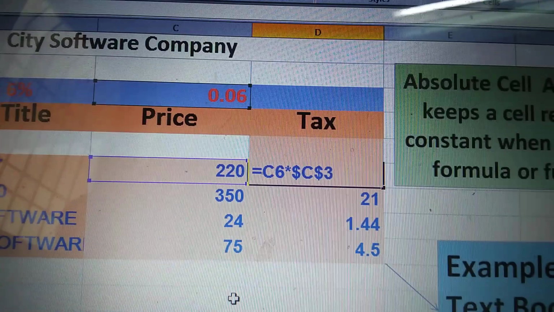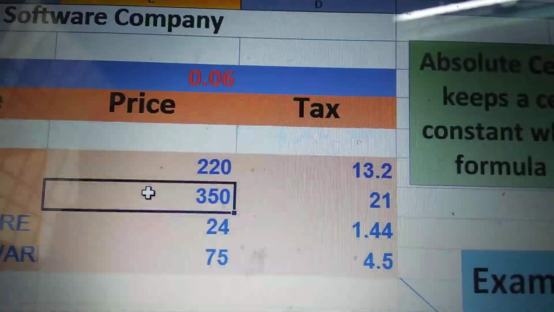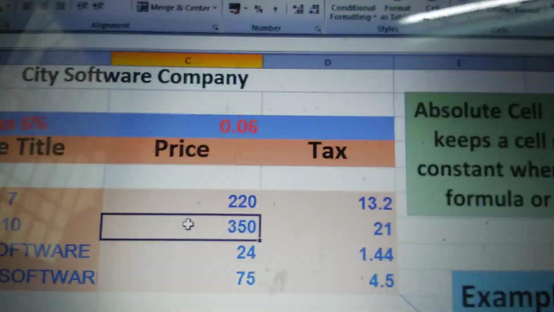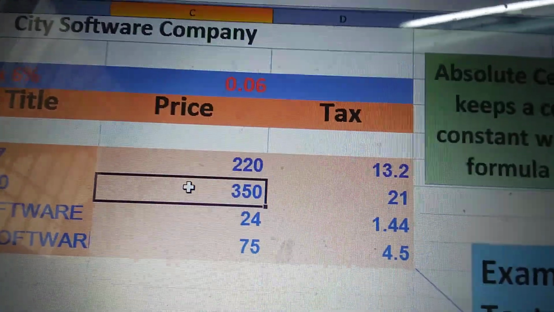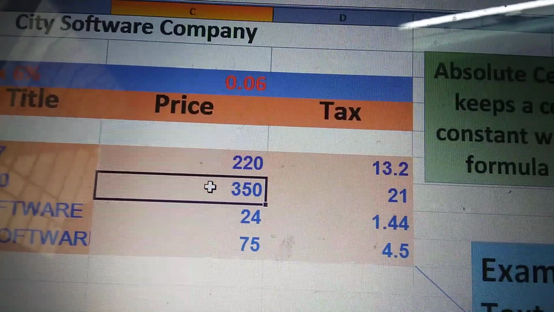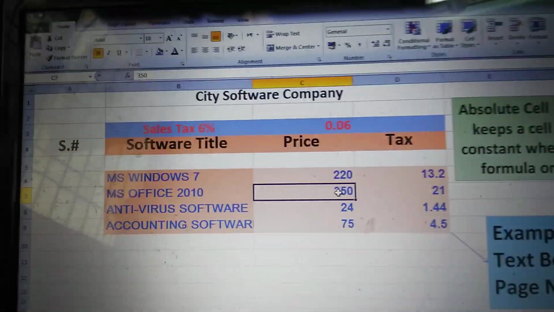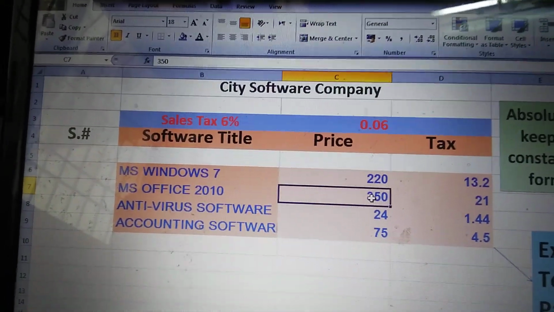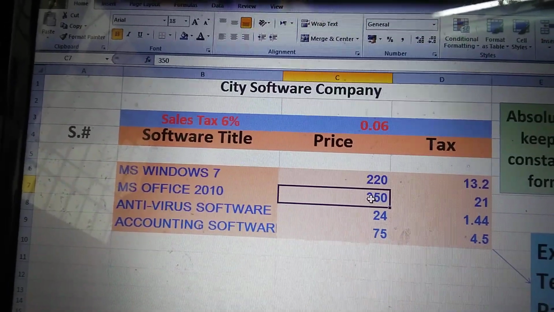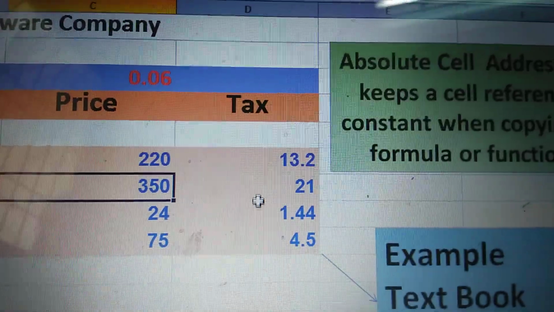In a similar way, when we move downward, there is the next price, that is 350. For 350 we have a change in the formula. Let's see what change it is showing. Over here we will see that 350 is in cell number C7, and in the cell next to it we have the value of the tax, that is 21.